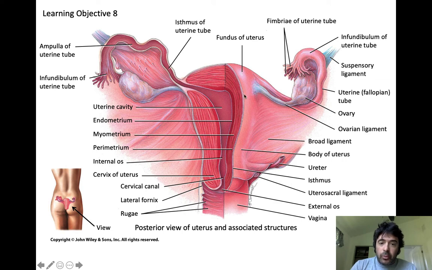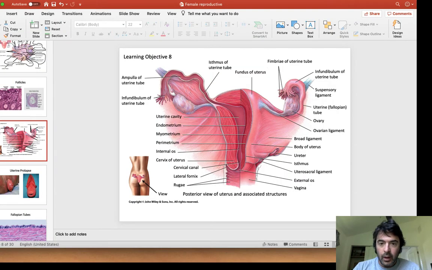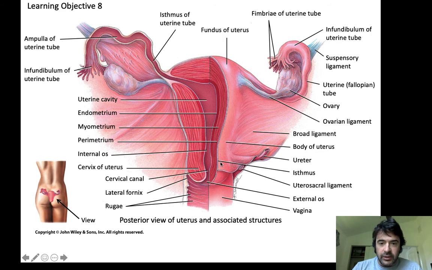The major portion of the uterus here is called the body of the uterus, and then the dome-shaped top of the uterus is called the fundus of the uterus. So we're going to start by highlighting the function of the cervix, then we're going to talk about the body of the uterus, then we're going to talk about the fundus of the uterus. So we have the three different regions, and what we're going to do is start inferior and work our way superior.